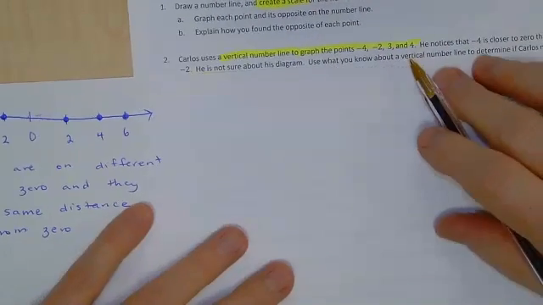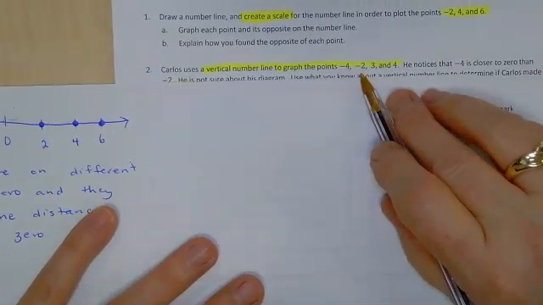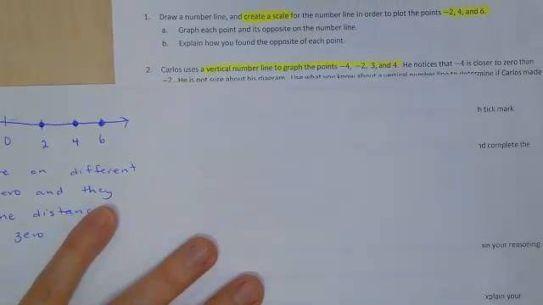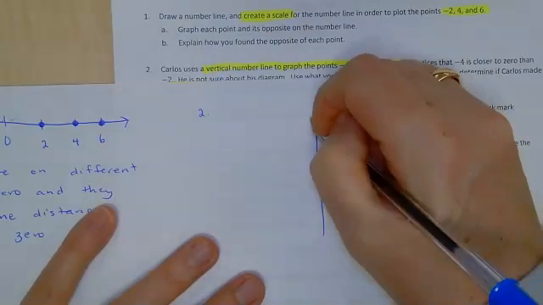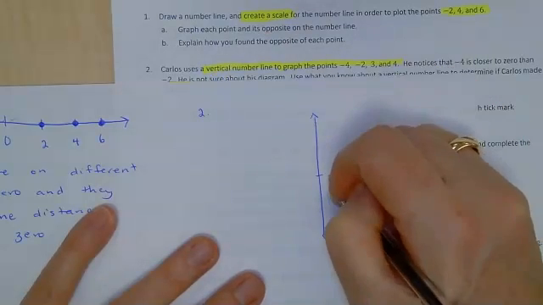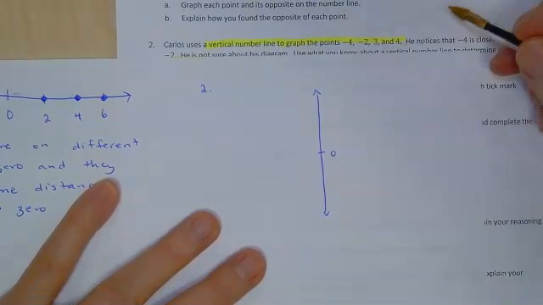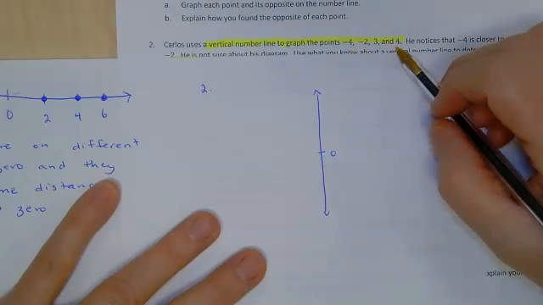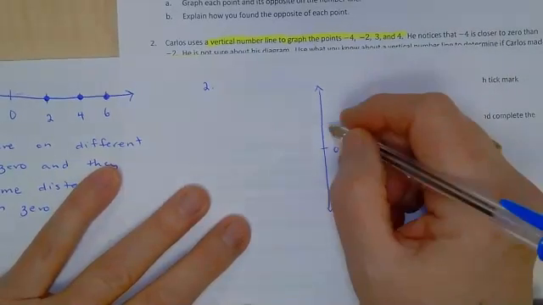Now, first of all, it doesn't say what scale we should use, but I have to get 4, 2, 3, and 4. So what do you think we should count by on this one? Here's my vertical number line. There's 0 in the middle. Well, we know we have to get all the way up to 4 on both sides, but they're not all even numbers, right? There's a 3 in there. So let's go ahead and count by ones this time.